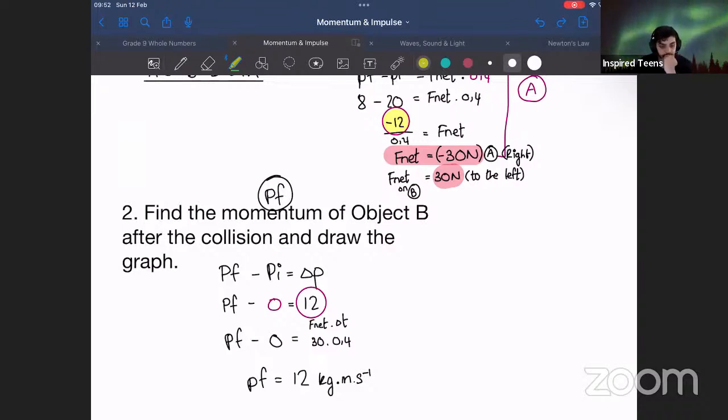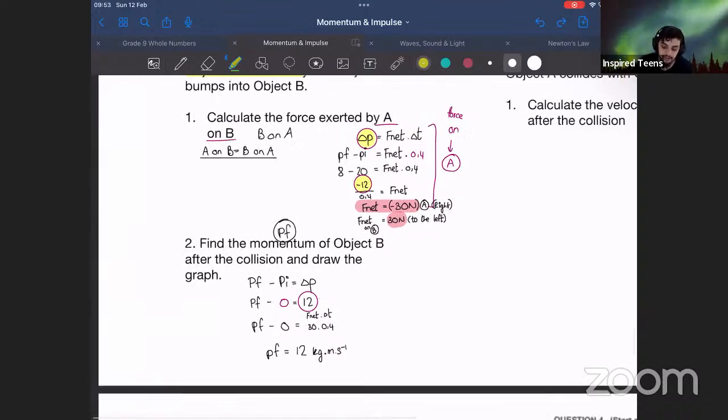Object B has a positive F net to the left, and it has a positive impulse to the left as well. So in that case, you need to remember its direction. You need to know whether it needs to be negative or positive, and you also need to remember its magnitude.